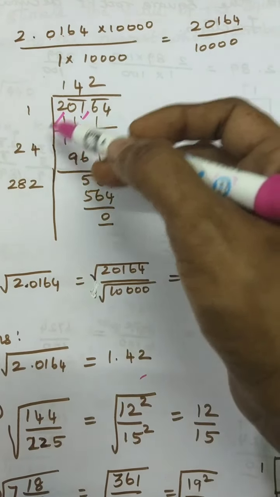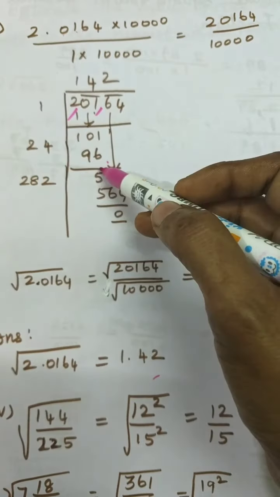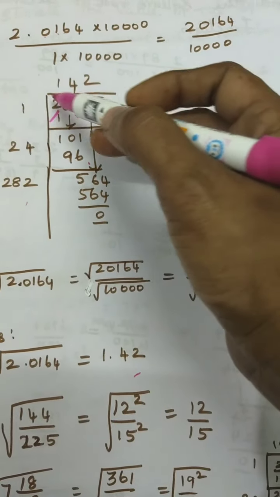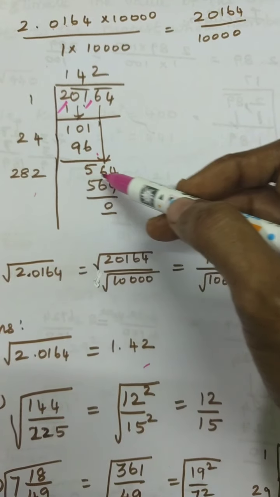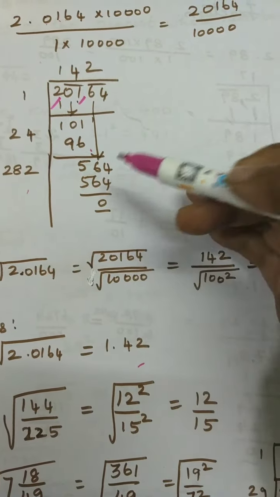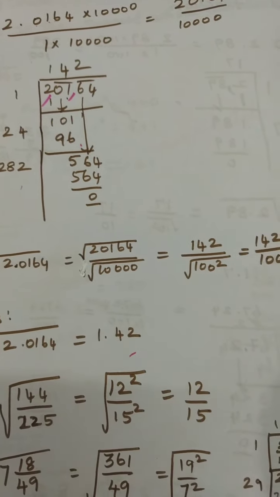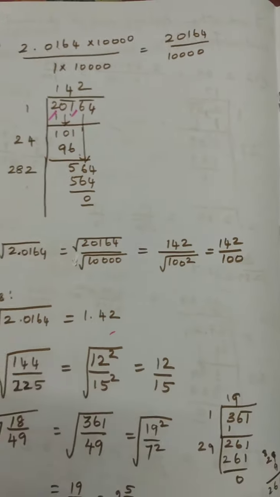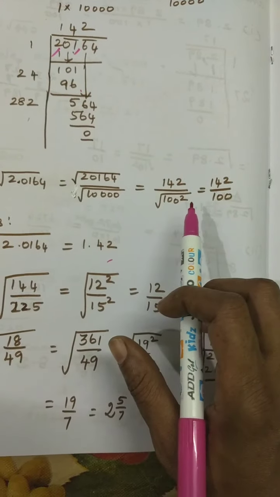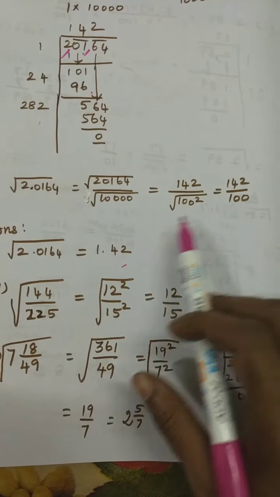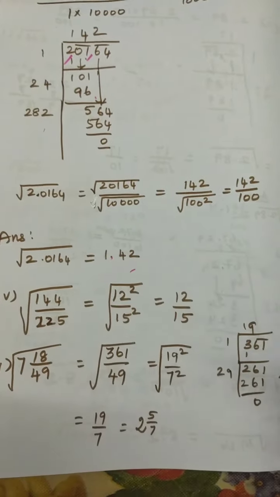Here 4 4s are 16, 6. Remainder 1. 4 2s are 8, 96. Then next 14 into 2, 28. Then you have to subtract and write. That is 564. Bring down 64. 564, that is 2 times 282. Next one, you can write this as by 10,000. It is 100 square. So we can take 100 outside. 1.42 is the answer.